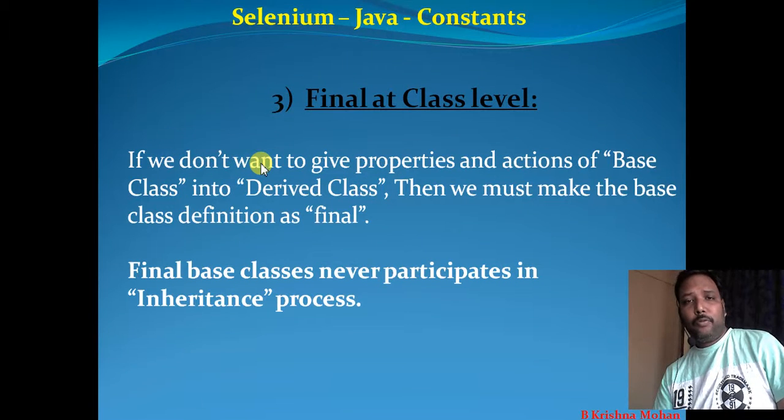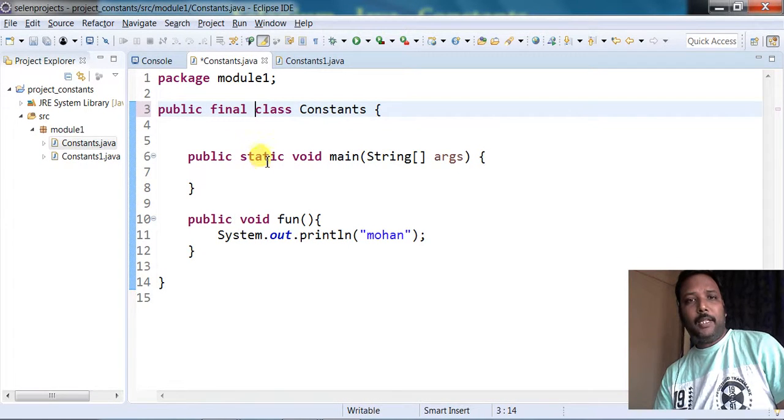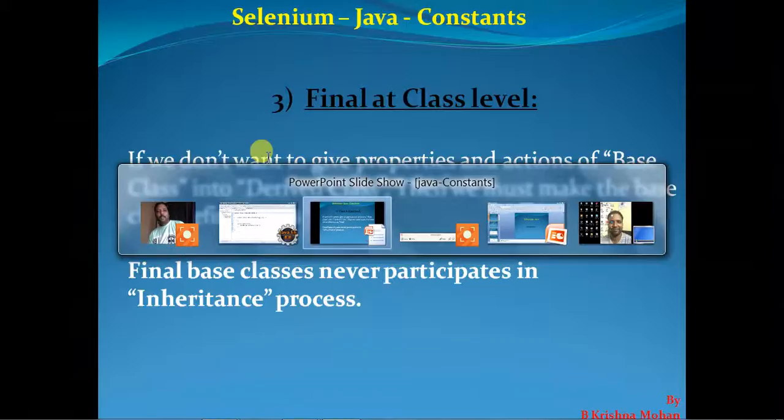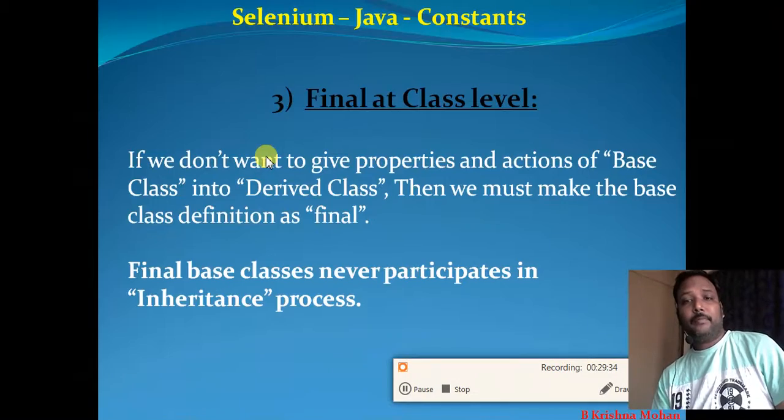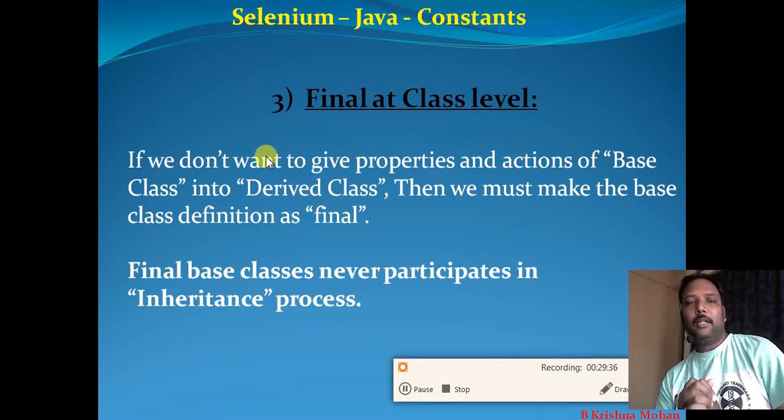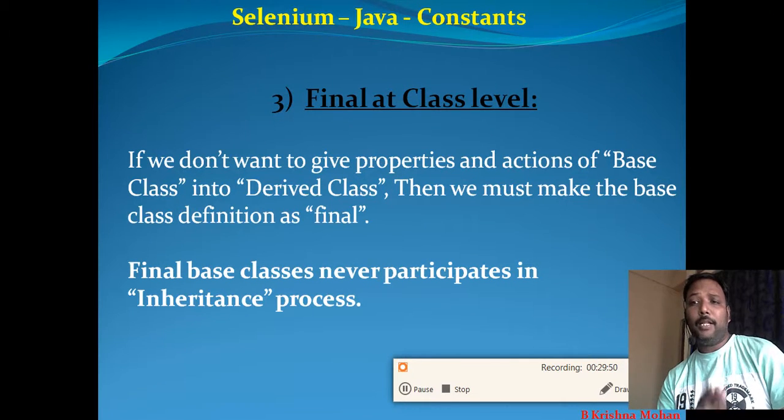So we have learned final at variable level, at method level, and at class level. At variable level, we can make variables final or constant at the declaration level as well as at the initialization level. But if you are using a global variable and want to make it final, then it has to be initialized.